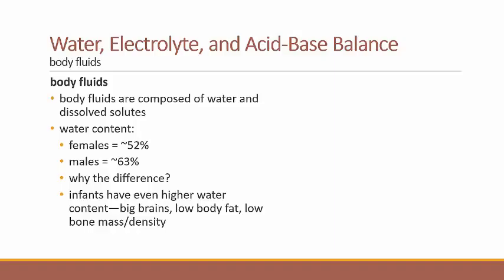Okay, so hopefully you're back with me now and you've come up with your answer. The reason that men have higher water content than women do is that women have greater adipose tissue reserves spread out across the body. This is a consequence of estrogen. That's just one of the effects that estrogen has in the body, is to increase adipose stores.